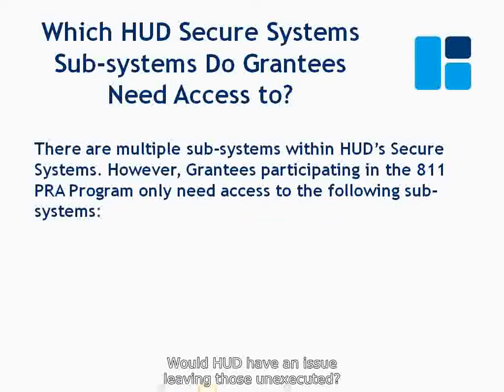Would HUD have an issue leaving those unexecuted? I'll go out on a limb here and correct me if I'm wrong, Liz, but I would say yes, the 92-458s, which are those rent schedule forms, would have to be executed, because without that execution signature on the second page, there's no way of defining that those were in fact the correct rents and the correct unit allocations that were approved.